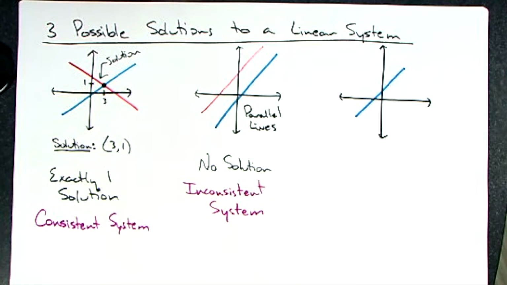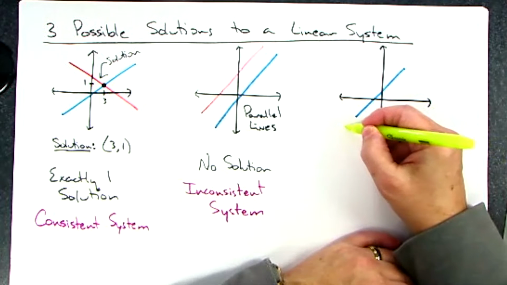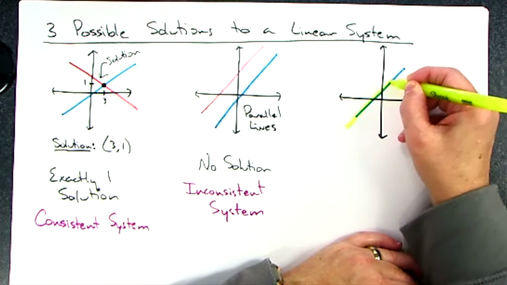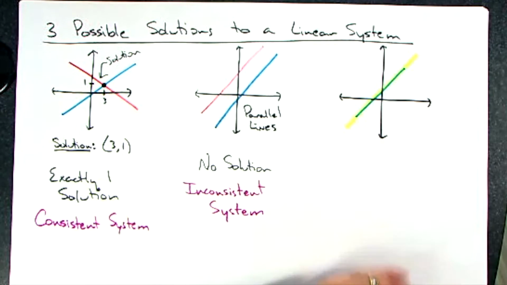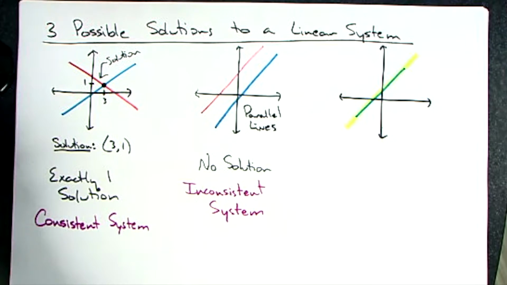And then when I graph the second line, it ends up having the exact same slope and the same y-intercept. In other words, it turns out to be the exact same line and it gets graphed right on top of it. All right, you could have two different equations. It just might be in a different format, but yet they still have the same slope, same y-intercept, turns out to be the same line.